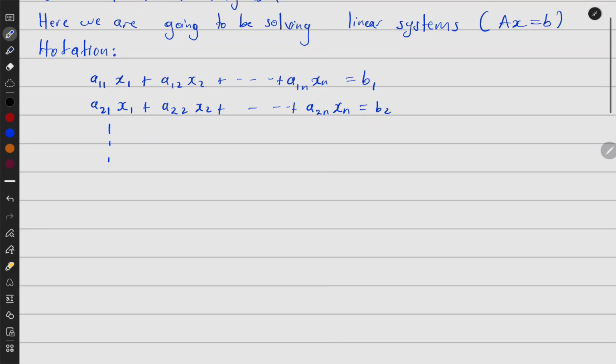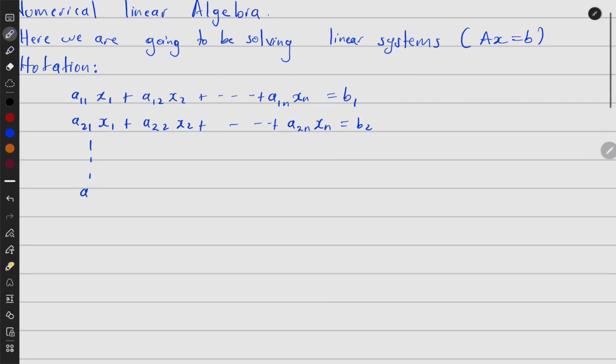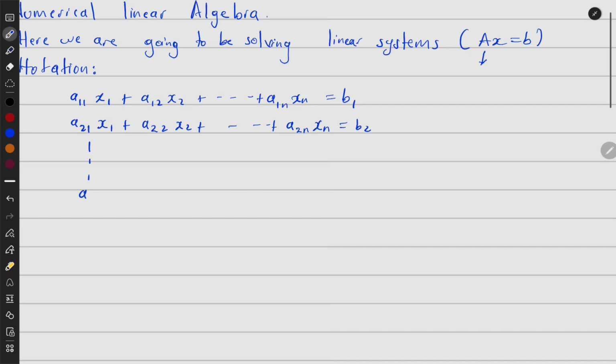However, we can do this for several values based on the size of matrix A. So this goes up to an1 x1 plus an2 x2 plus, up to ann xn equals bn.